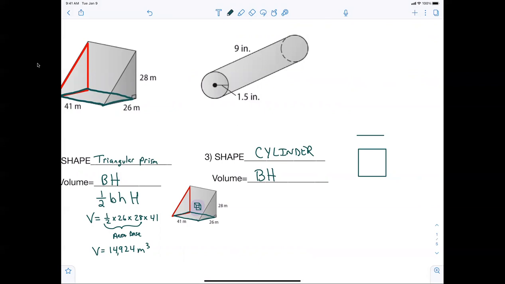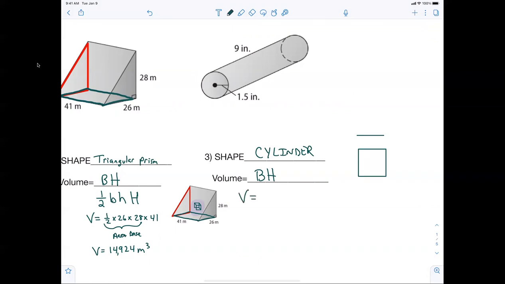A circle. Now, you're supposed to have remembered what the formula for area of a circle is. What is it? Now remember, 2 dimensions. Area is 2 dimensions. Nope. Pi times the radius squared. There you go. All right.